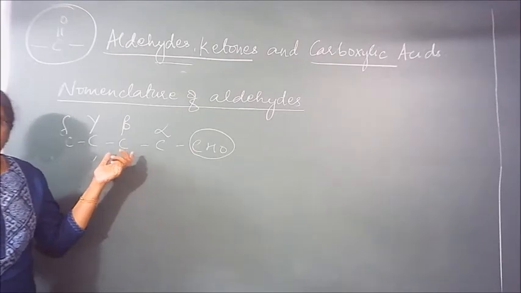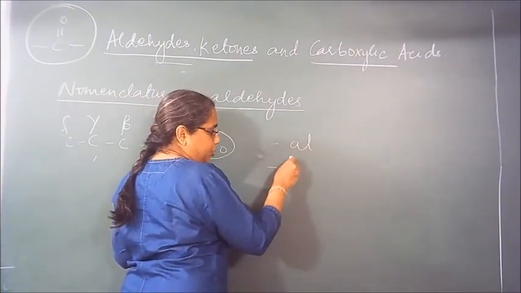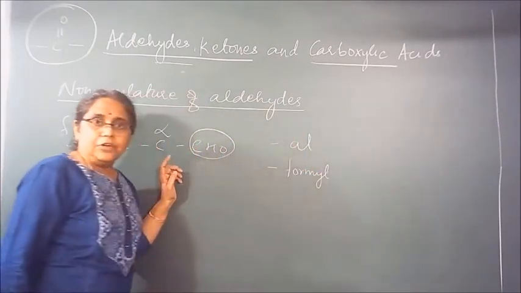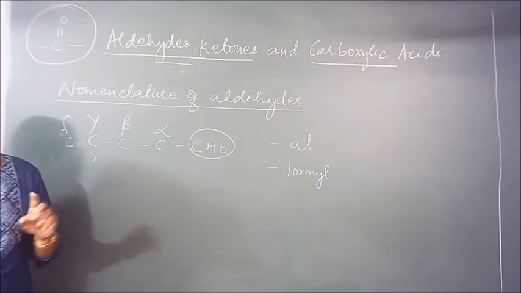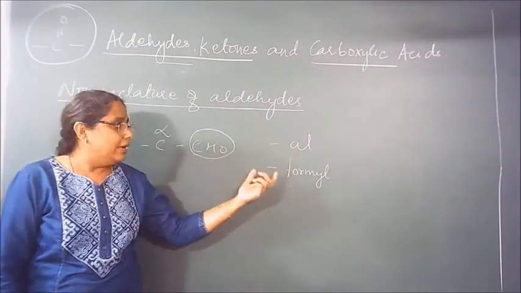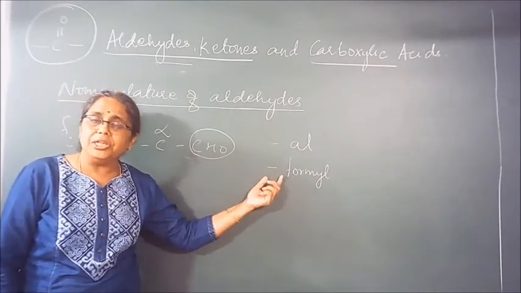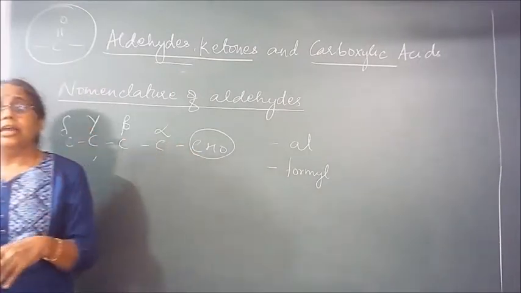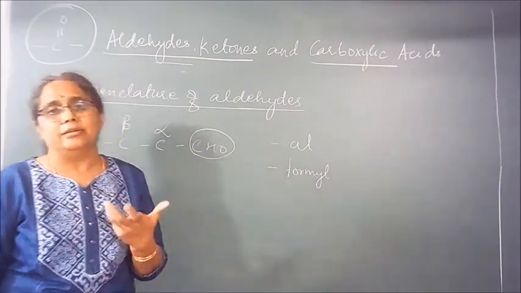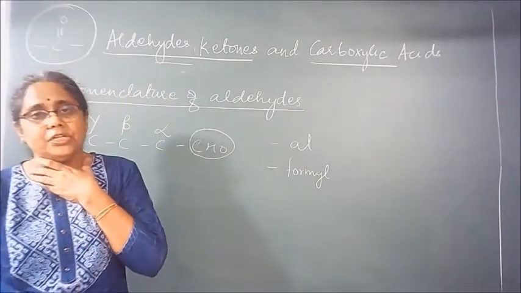Clear? So you know the suffix added is al and the prefix added to any aldehyde is formyl. The suffix added to any aldehyde is al. That is why we write them as alkanal. The prefix added to it, if you are taking it as a substituent, is when an aldehyde and an acid are present together.